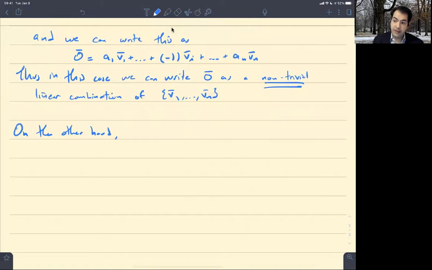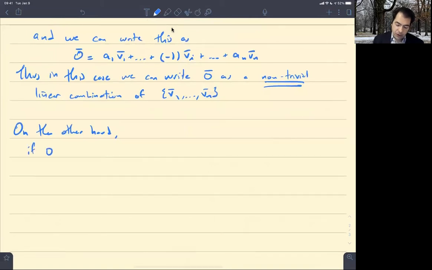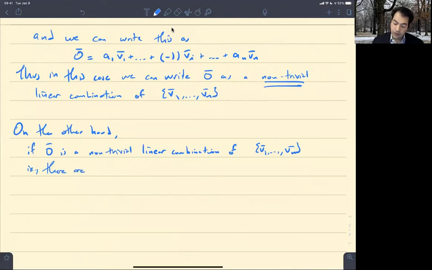So on the other hand, if 0 is a non-trivial linear combination of the set of vectors v1 through vn, which is the same as saying that there are coefficients b sub i in the field.